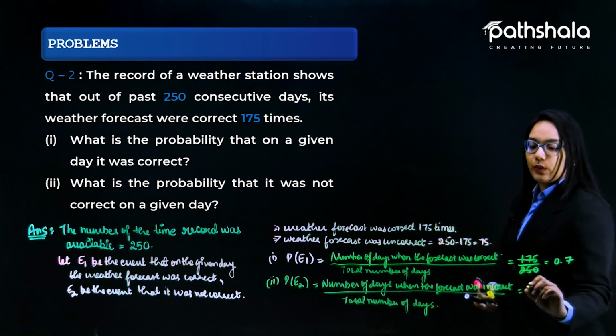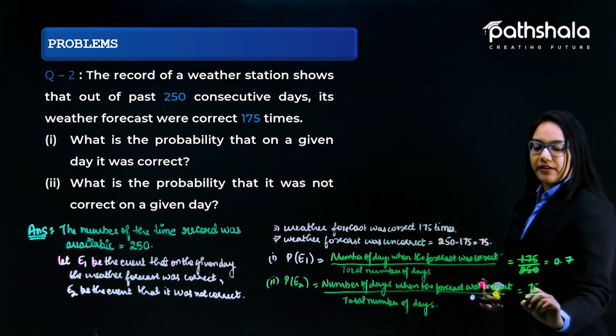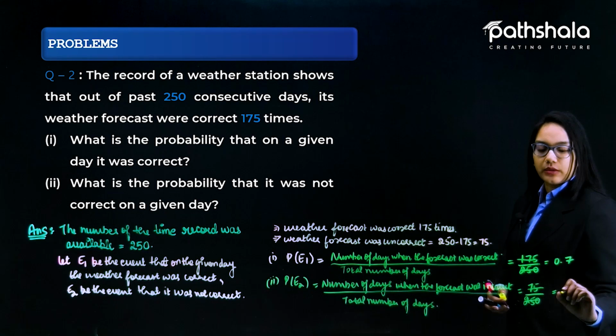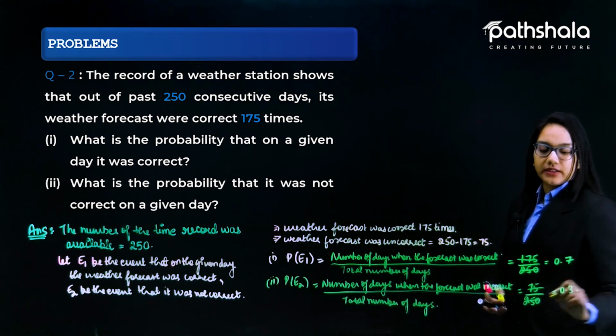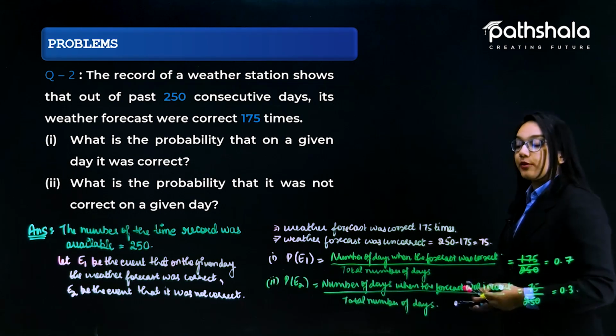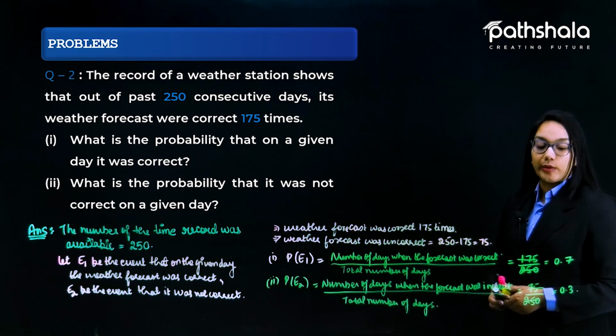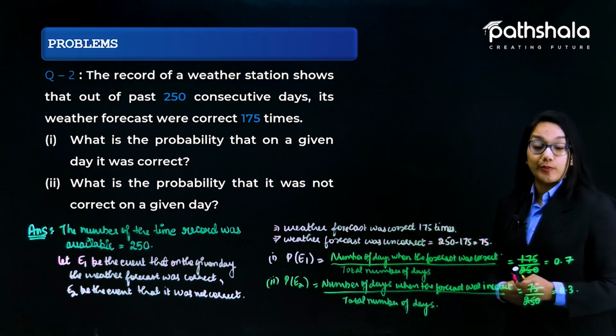Incorrect means 75 divided by 250, and when we solve it, we get the answer as 0.3. Hence at the end we get the probability of E1 as 0.7 and the probability of E2 as 0.3.